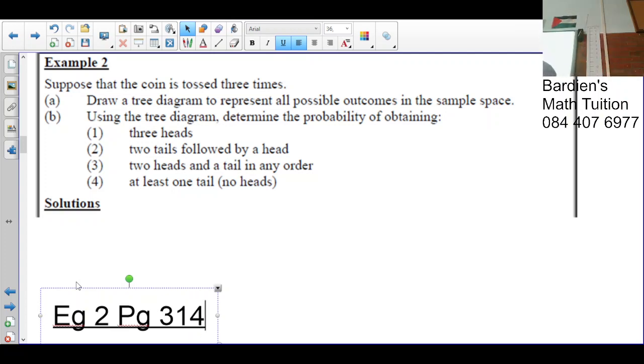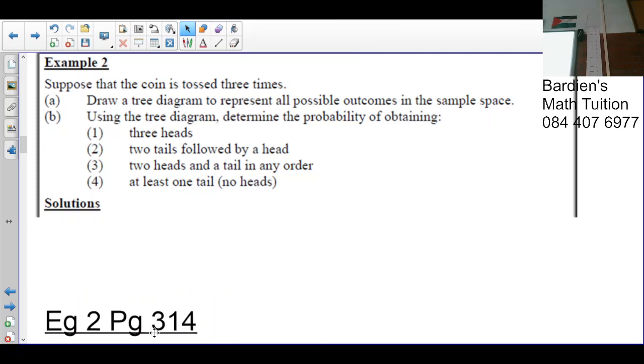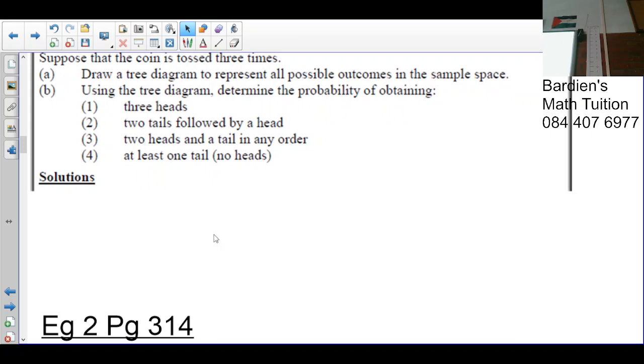P14. Okay. So here we are told, suppose that the coin is tossed 3 times. The coin is now tossed 3 times. Draw a tree diagram to represent all the possible outcomes in the sample space.